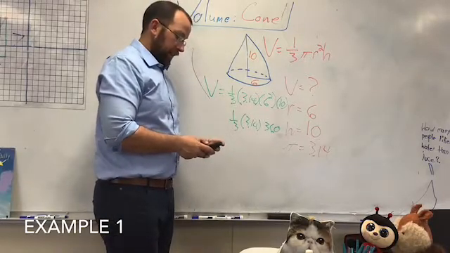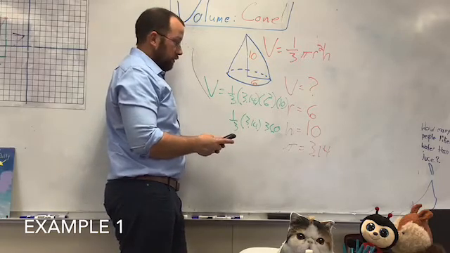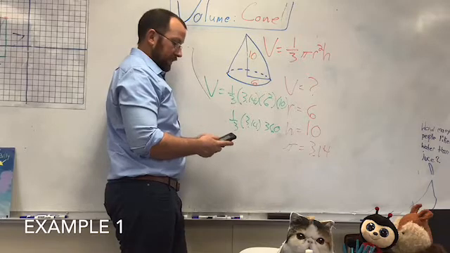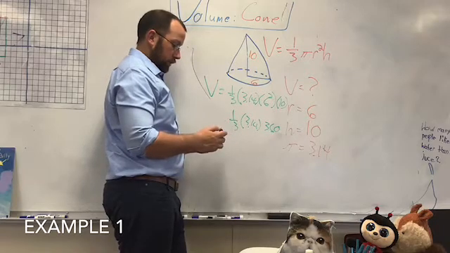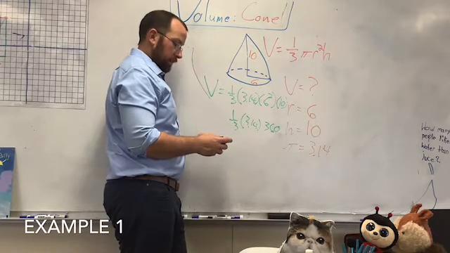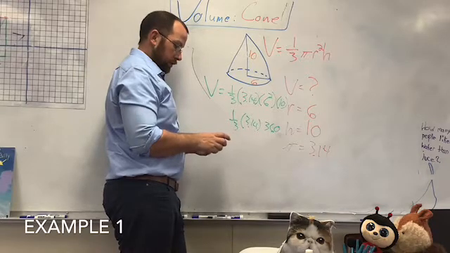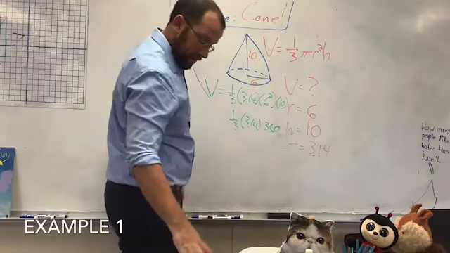So when I put it in the calculator, it'll be 360 times 3.14 times 1 divided by 3, which is 376.8.